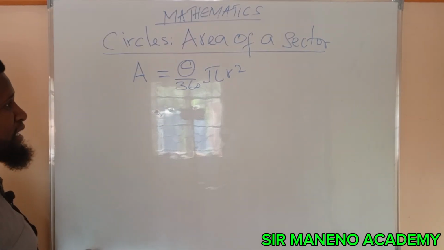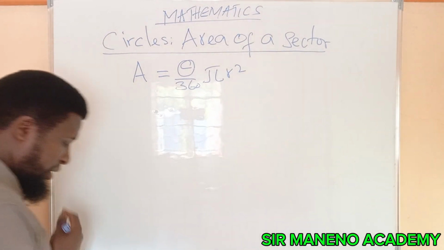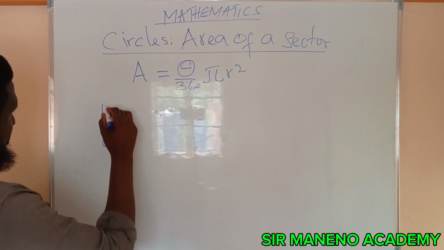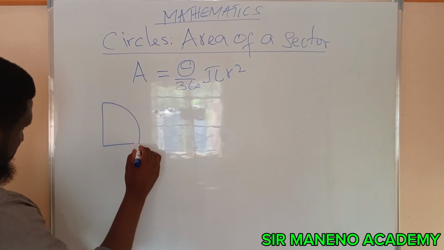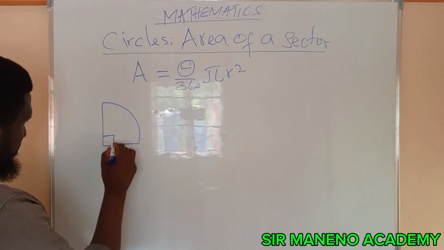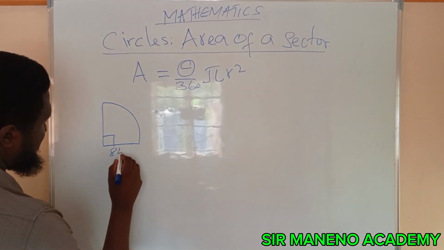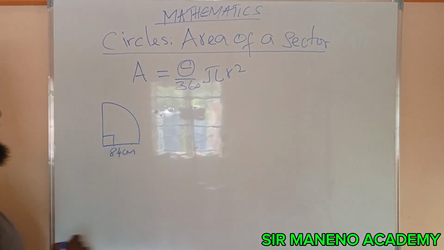Now, I want us to have an example here. For example, we have this sector. Then you are given 84 centimeters, and you are told to calculate the area.